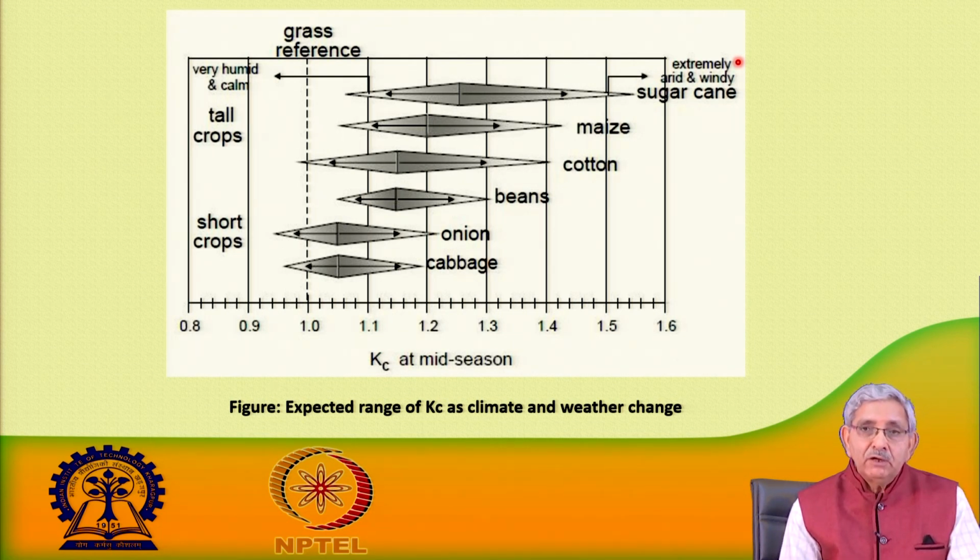So, for low wind speed and very humid conditions, the value of Kc is lower as compared to taller crops in arid and windy conditions. That is what one can see from this particular graph. So, Kc is influenced by climate and weather conditions and also the crop characteristics, short crops or tall crops.